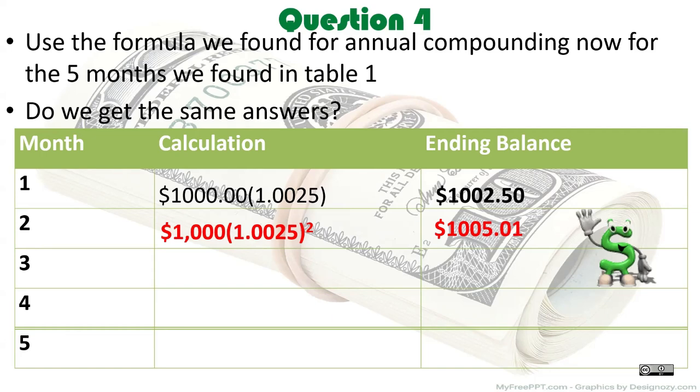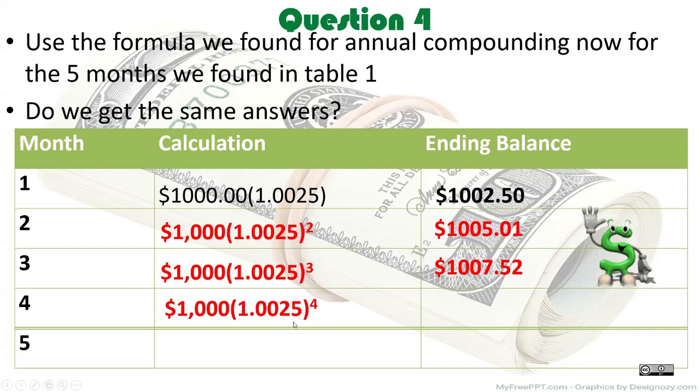I do this for the third month. And there, my third month, because that's what my time is, 3 months, $1,000 times 1.0025 to the third power, and I put this into my calculator, and I get $1,007.52.